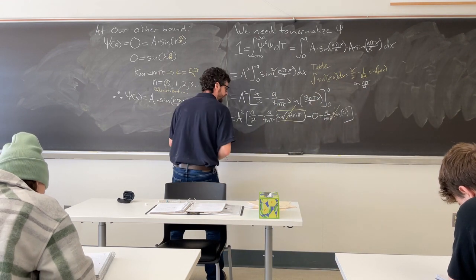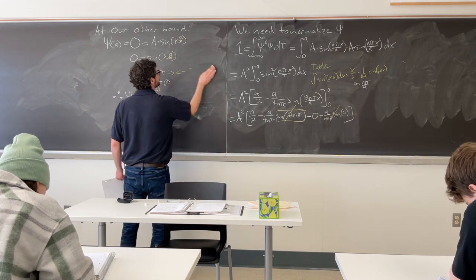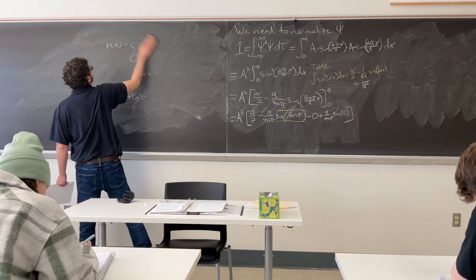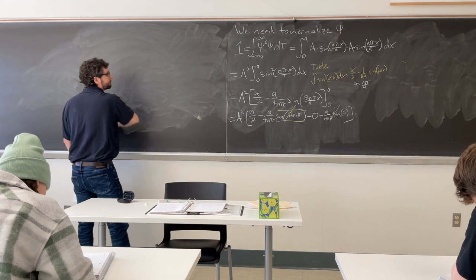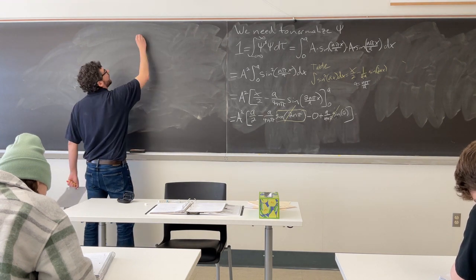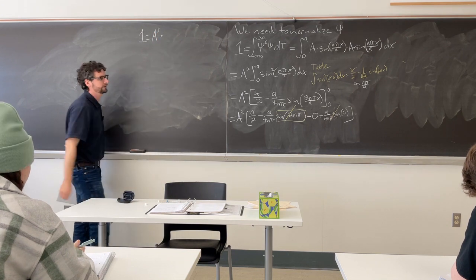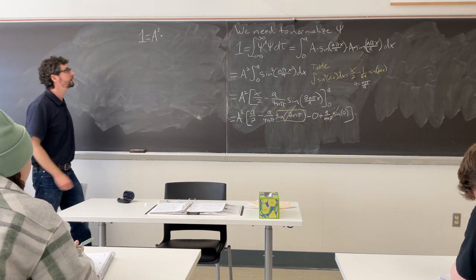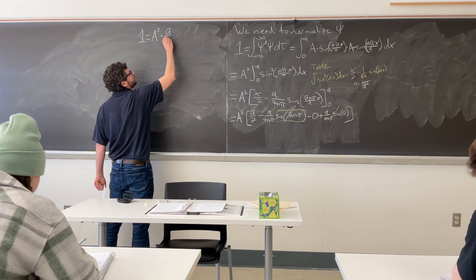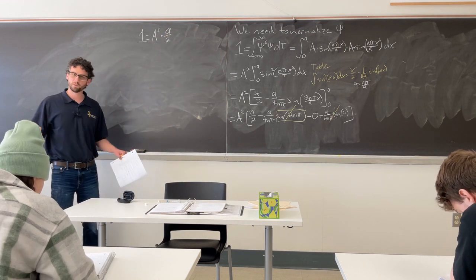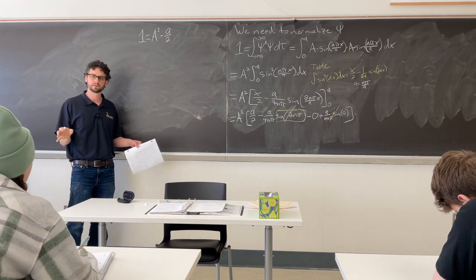So I'm going to erase stuff over here. We got 1 is equal to A squared times what? Yep, A over 2.